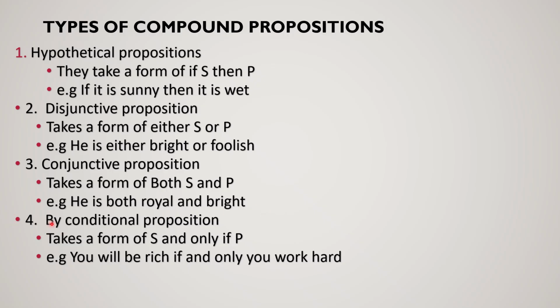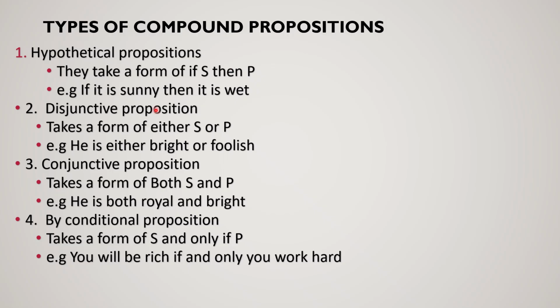The fourth is the biconditional proposition, which takes the form of S if and only if P, or subject if and only if the predicate. For example, when you say you will be rich if and only if you work hard, it is an example of a biconditional proposition, which are examples of compound propositions.